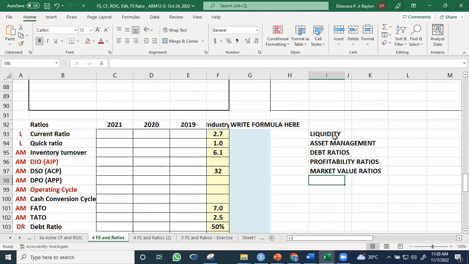So what is liquidity? What does it measure? These are very important concepts that we need to know. Okay, anyone? What do liquidity ratios measure? When we talk of liquidity, what do we want to observe?